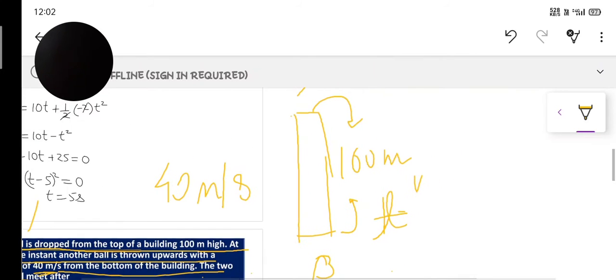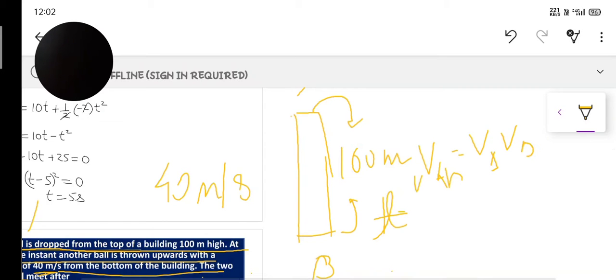Next, look, the velocity of a with respect to b is velocity of a minus velocity of b.